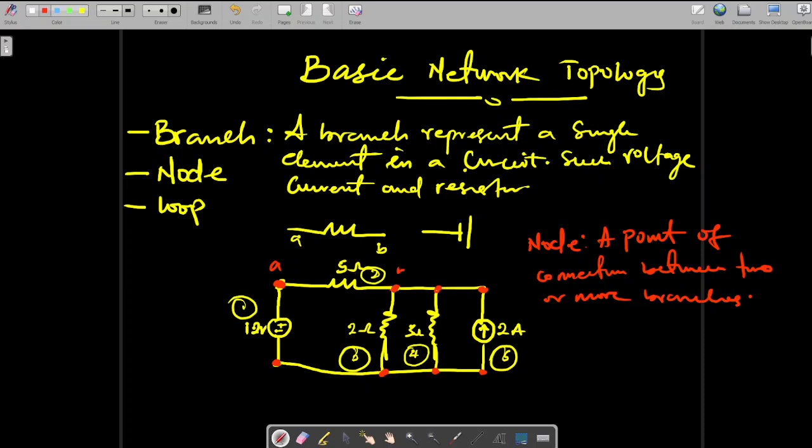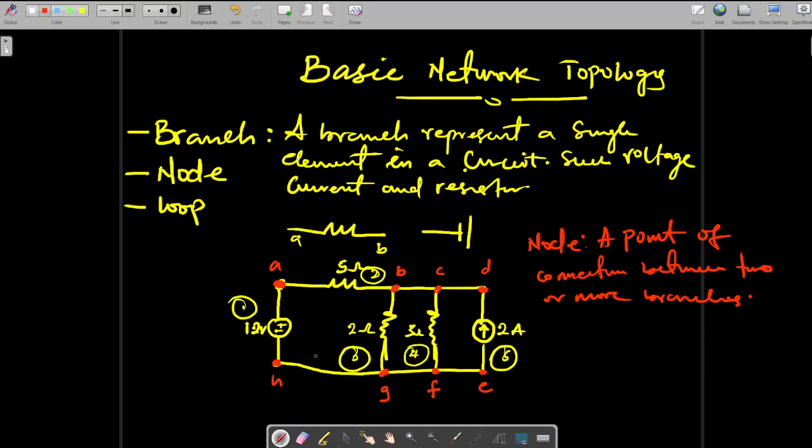Let me call it node B. When you look at the 3 ohms resistor, it's also connected to the 5 ohms resistor and the 2 ohms resistor with this node here, node C, and this is node D. There's something I'm going to explain about B, C, D, but let's move on and first understand what they call a node. So this is a point of connection between this 2 ampere current source and the 3 ohms resistor. Let me call this one E, and this one F, and this is G, and this is going to be H.